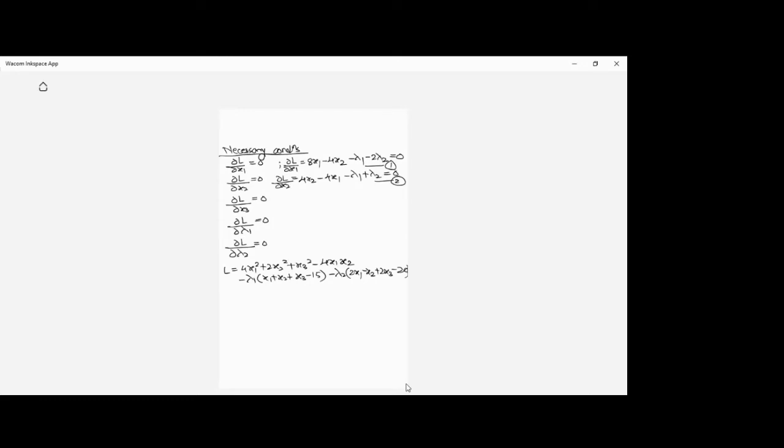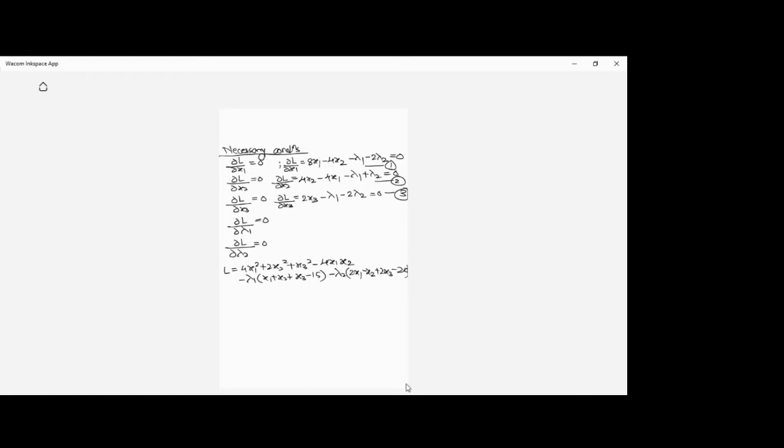Hoping that you have got how this came. ∂L/∂x3 is equal to 2x3 − λ1 − 2λ2 = 0. This is equation number 3.